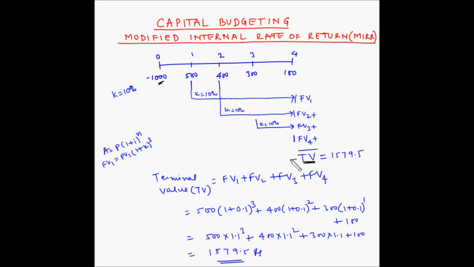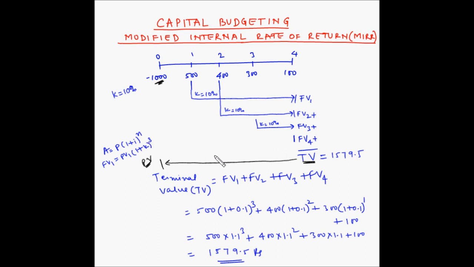So we have to take the present value of this terminal value such that this present value is equal to this value, or in other terms, the present value of the terminal value is equal to the present value of the cash outflows.